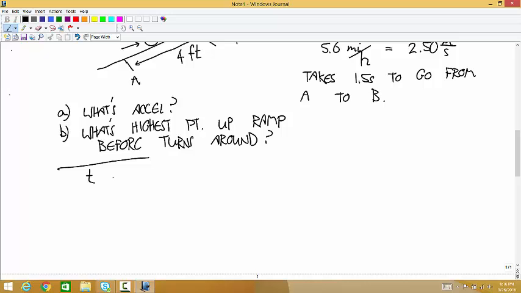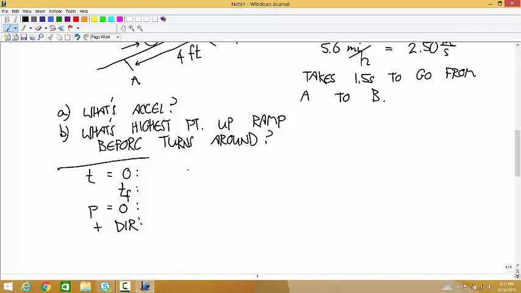Okay, so make our 4 choices: T equals 0, T final, position equals 0, and positive direction. If anybody has any questions about any of the steps, just stop me. I know I'm going through this sort of fast.